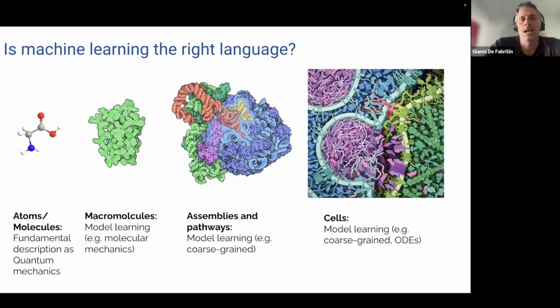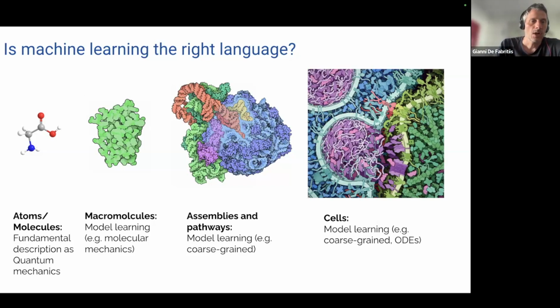You could just use quantum mechanics and be totally accurate, but you could have multiple approximations going from atoms to macromolecules, and then even assemblies of these macromolecules can be done with some further approximation. So is machine learning a good language for these things? Maybe. I'll show you today that, at least from the point of view of simulating these entities, there is a unifying framework which allows you to do that in terms of machine learning potentials. That's a little bit the topic of the talk.